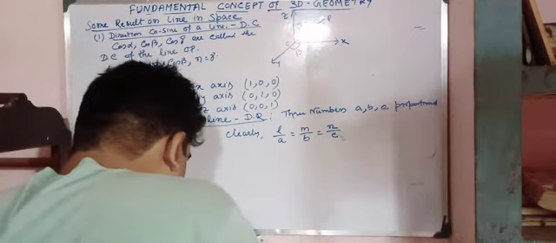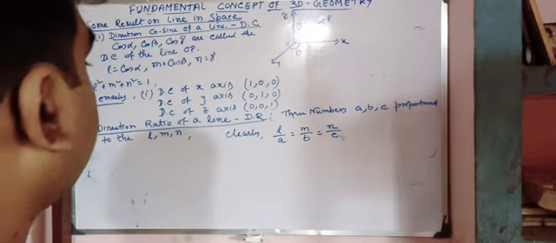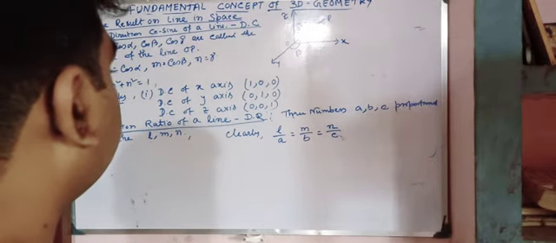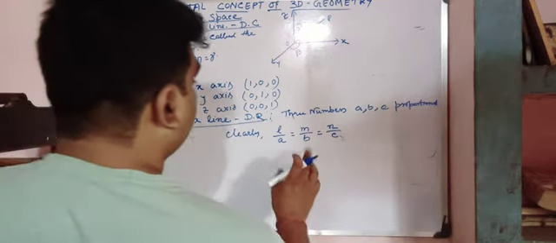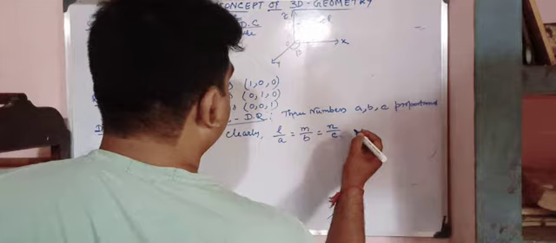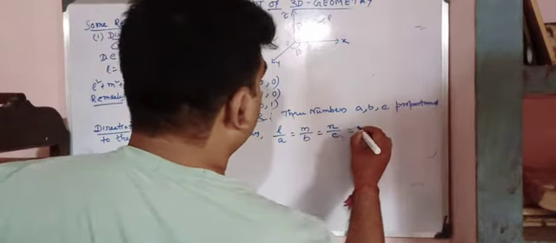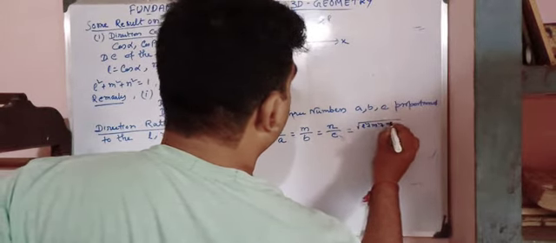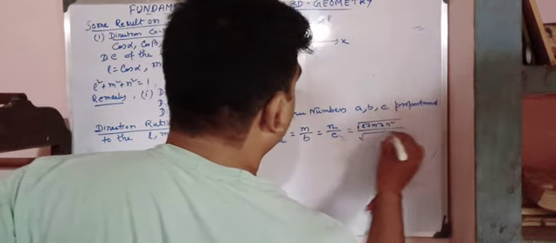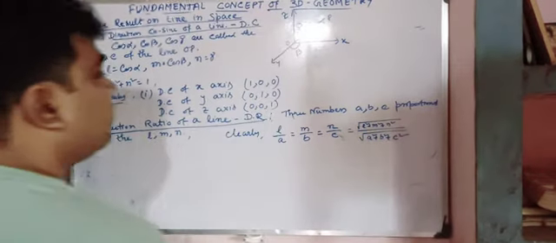Now, we can do this operation: this is equal to root over of L square plus M square plus N square by root over of A square plus B square plus C square.